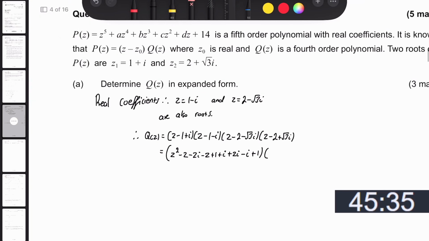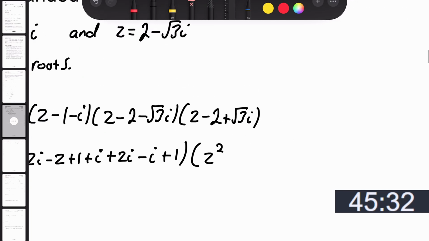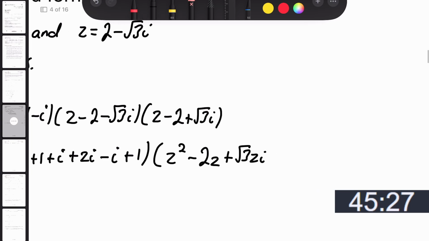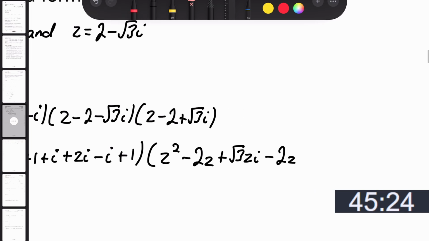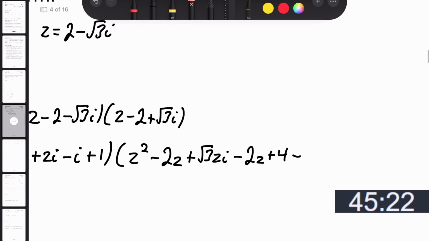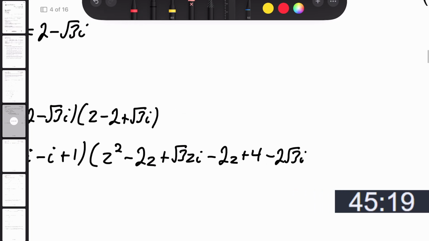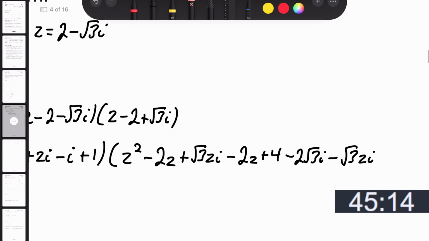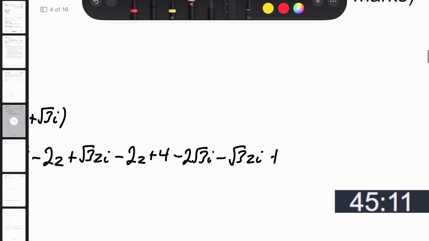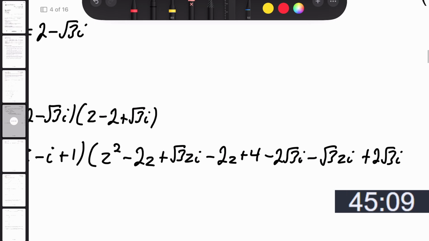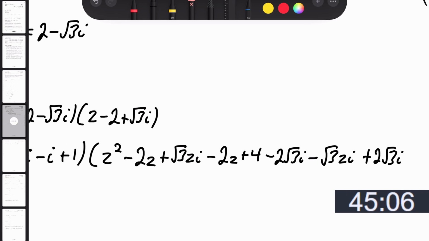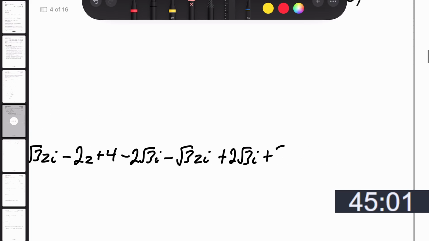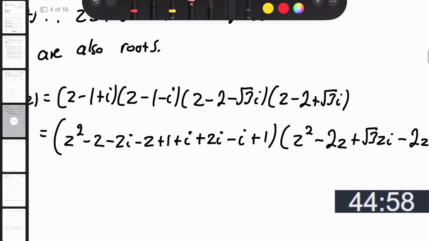And then over here, we're going to have z squared minus 2z plus square root of 3 zi, and minus 2z plus 4 minus 2 square root of 3 i, and then minus z square root of 3 i minus square root of 3 zi plus 2 square root of 3 i. And that's going to be negative 3 i squared, so it's going to be plus 3. Okay, now let's see what we can cancel.